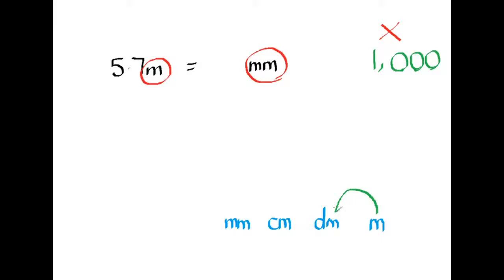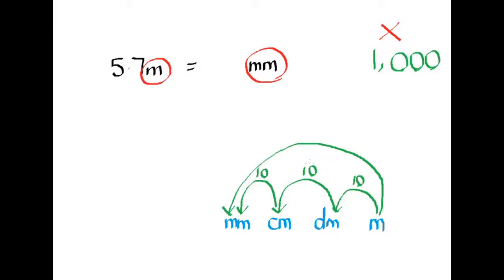I'll just show you down in the chart. We go one step. That's times 10. That's meters to decimeters. Then the next step, from decimeters to centimeters, we multiply by 10 as well. And going from centimeters to millimeters would multiply by 10. So if we go from meters straight to millimeters, we're going to multiply by 10 times 10 times 10, which is 1,000. 3 steps.